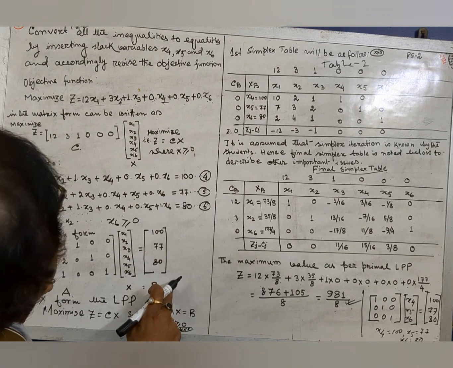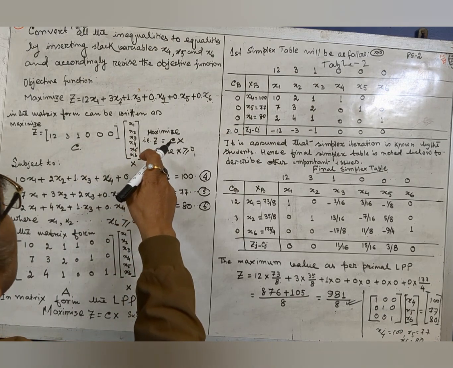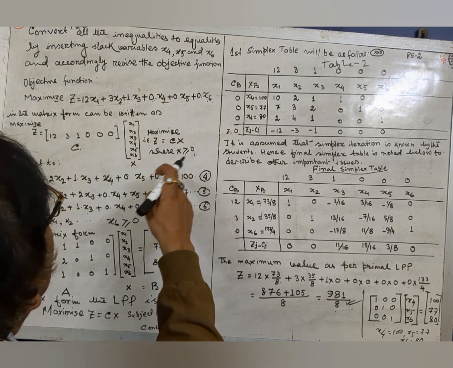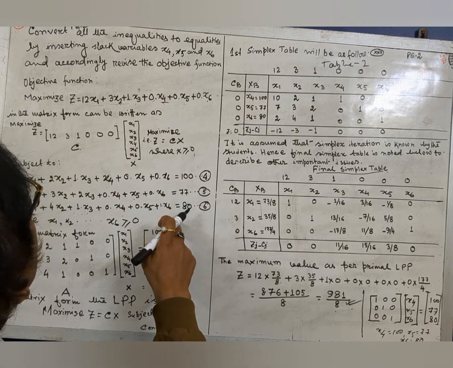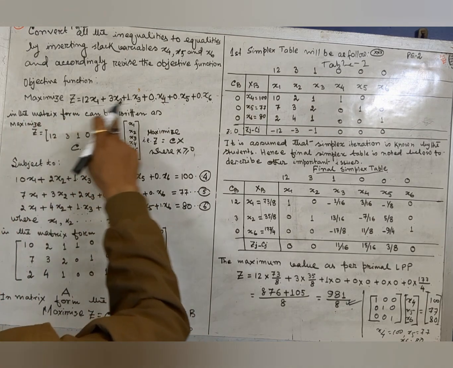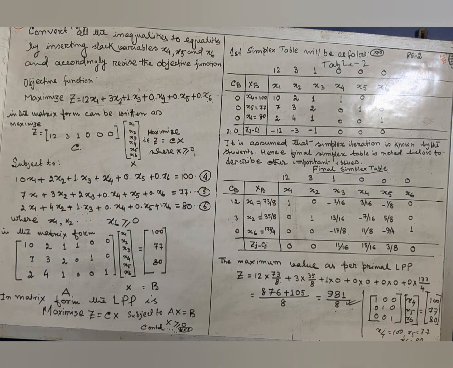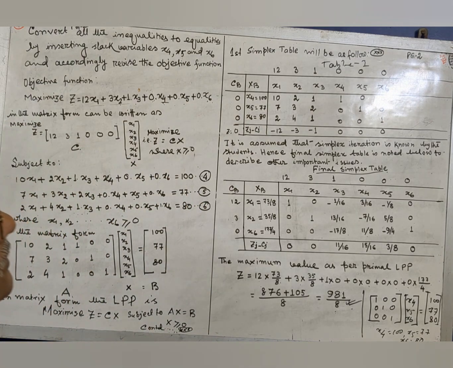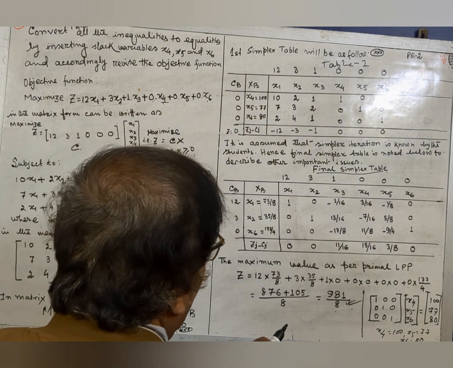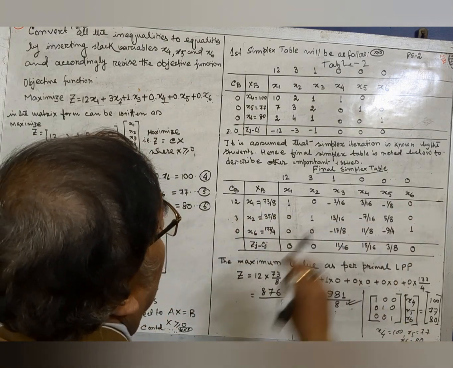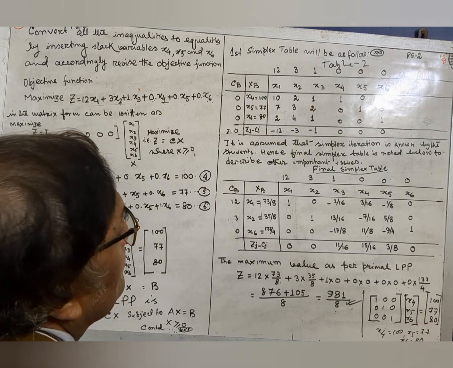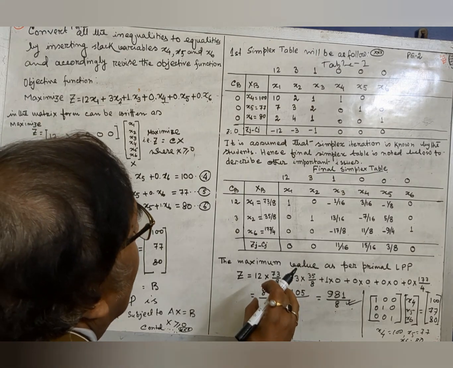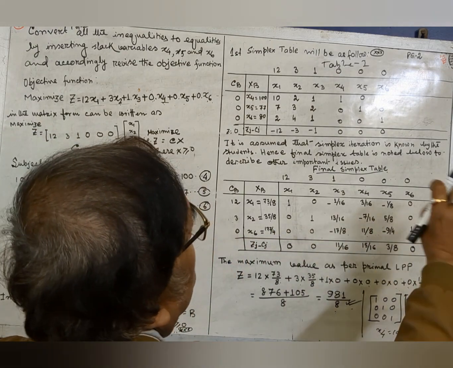Standard form means Ax less than or equal to b, x greater than or equal to 0, and maximize Z equal to cx. This is the standard form of the linear programming problem. In that case, the solution of the dual problem will be available in the final simplex table.